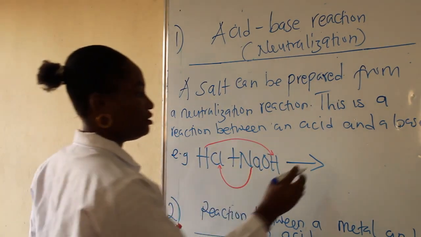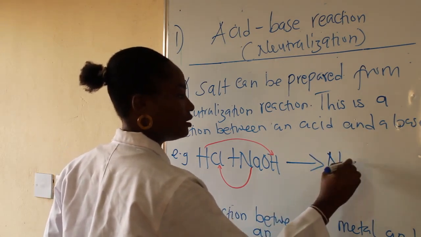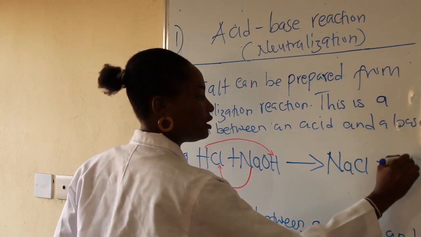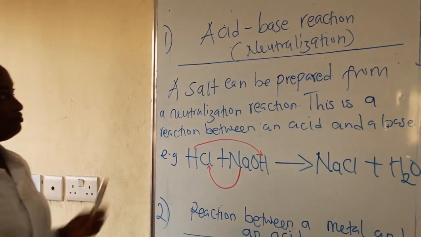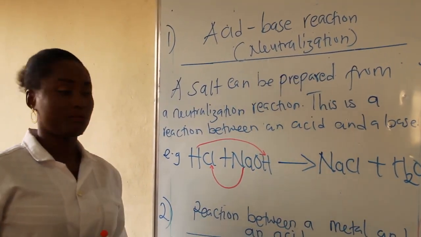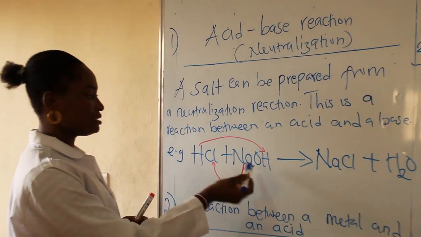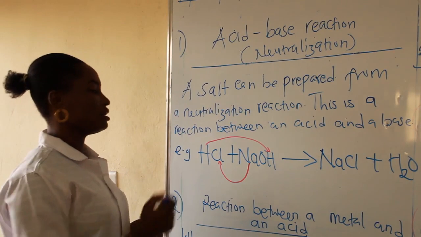So you have sodium chloride plus water. Okay, so this is a salt. Sodium chloride is a normal table salt. So between this acid and this base, this salt will be formed, and then water also.